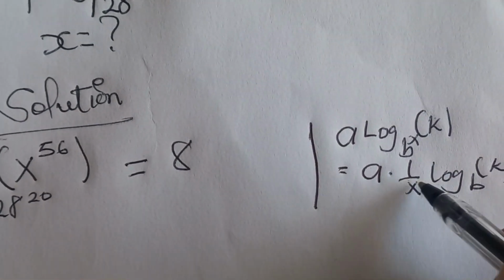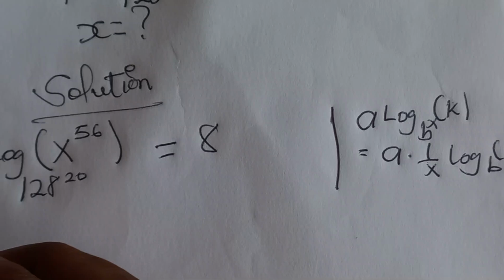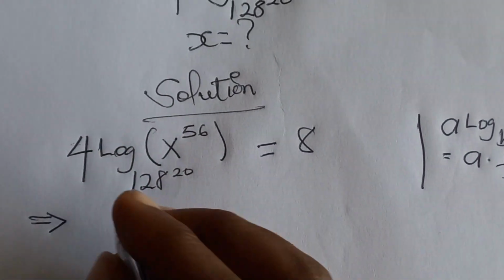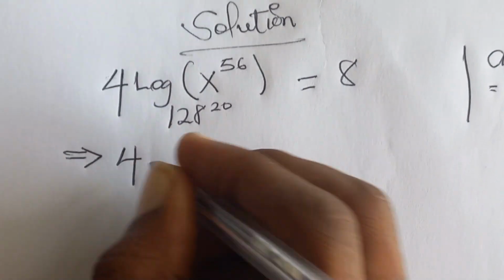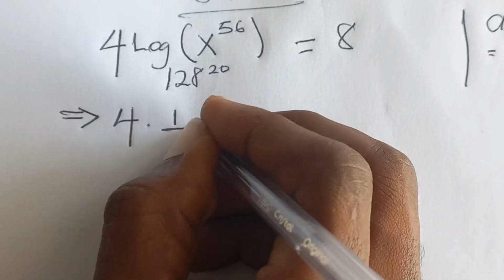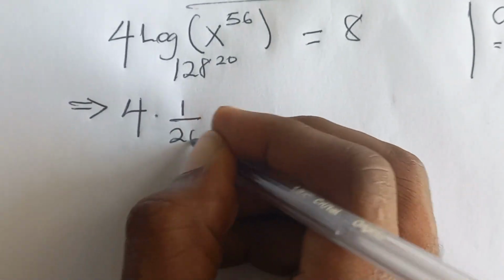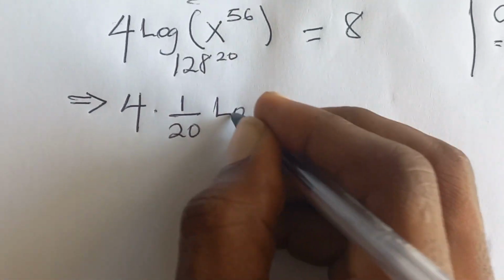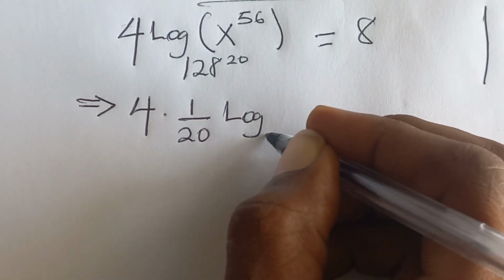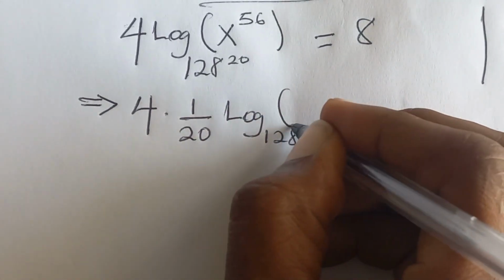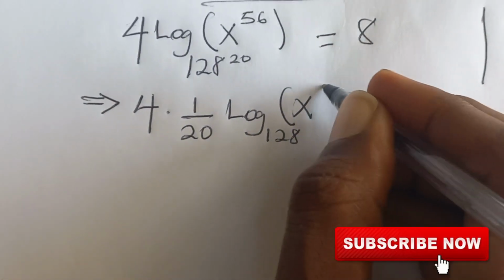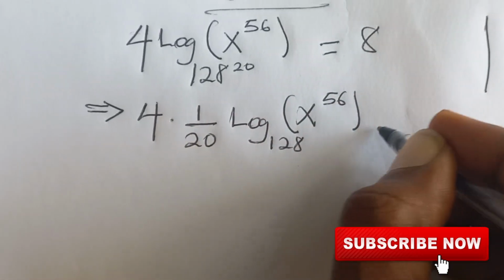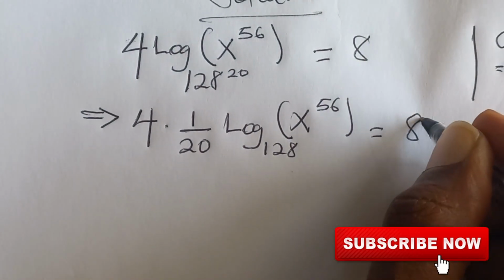So we are going to apply this. Our equation now becomes 4 multiplied by 1 on 20 log base 128 of x exponent 56, which is equal to 8.